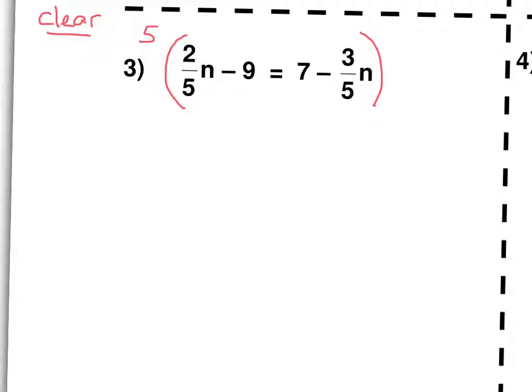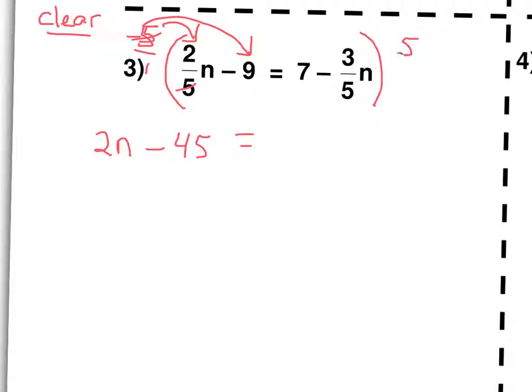So watch how this works. If I multiply 5 times 2/5 n, I'd have a 1 here. The 5's cancel, and I would get 2n. Then I'm going to multiply the 5 times the negative 9. Well, what is 5 times negative 9? Negative 45 equals, and now I'm going to multiply the 5 again on this side.